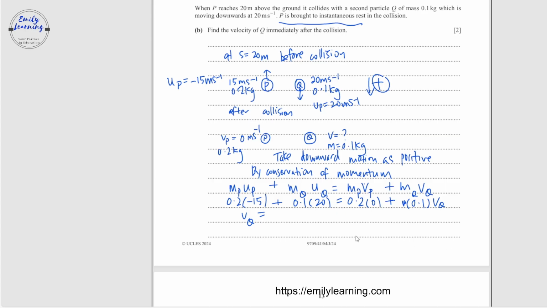And VQ is negative 10 meters per second. So in other words, Q is moving, so it's negative, that means it's moving upwards at 10 meters per second after the collision.